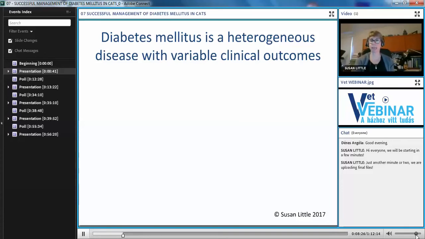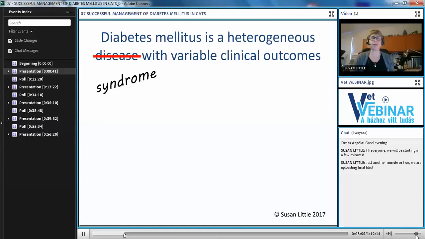I'm sure you've seen diabetic cats that are relatively easy to control, but you've also met probably diabetic cats, like my own cat, that were difficult to control. So there are a variety of clinical outcomes, probably because there are so many underlying mechanisms or factors involved in this disease. So it might be better to call it a syndrome, actually, because it's really not one clean-cut disease.